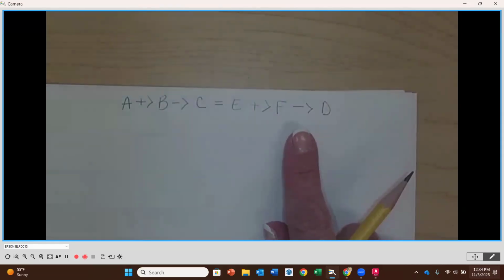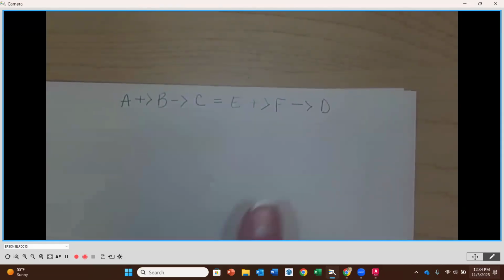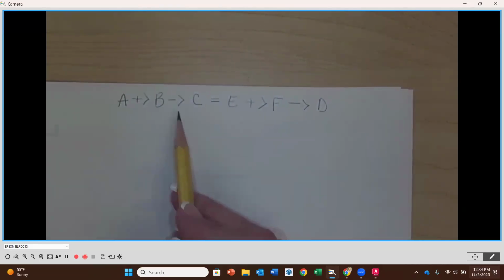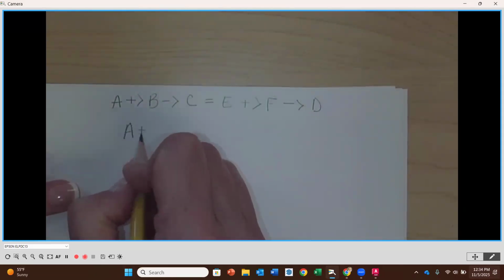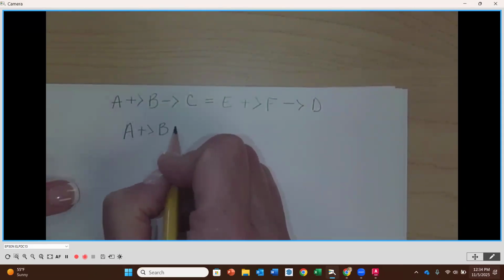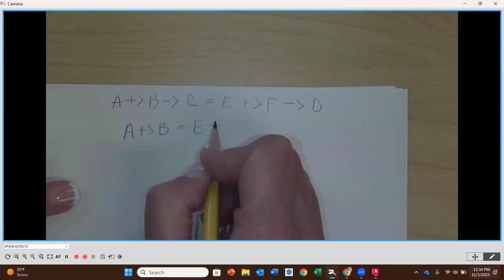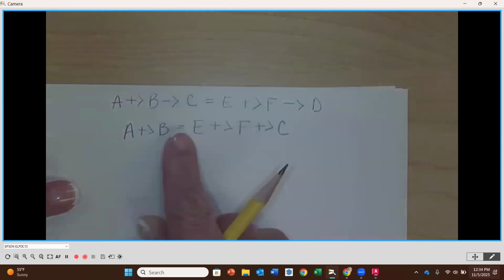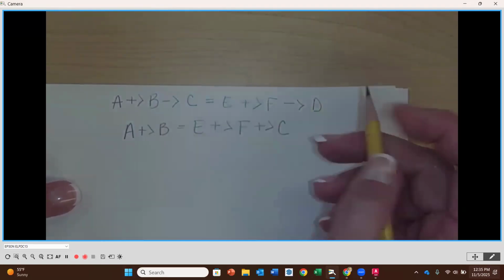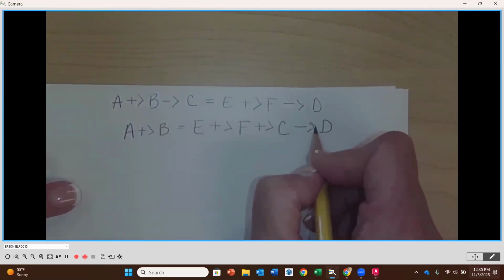So that one we can't resolve with the rules and not have two unknowns on one side. But you'll notice we also have a negative C here, okay? I'm going to get rid of that one. So I'm going to do it one more time. A plus vectorially B is equal to E plus vectorially F plus vectorially C. If it's negative on this side, it becomes positive on this side, and then minus D.